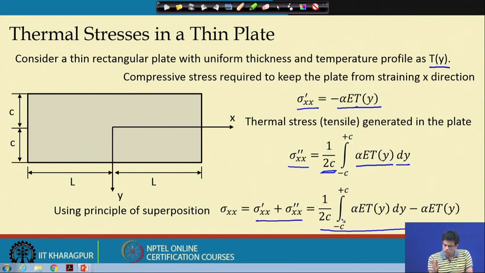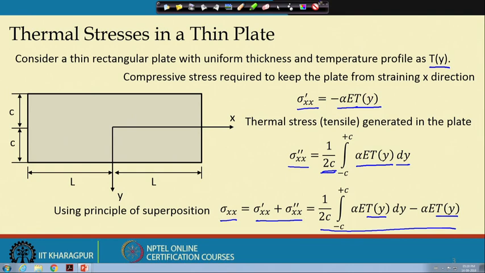So if it is sufficiently away from the end of the body, then we can express this sigma xx as this. Now it is interesting to know, if you have this alpha E T(y), so if you know the temperature variation, how T(y) is varied along y, you can find out this stress and you can compute this stress at any cross section.